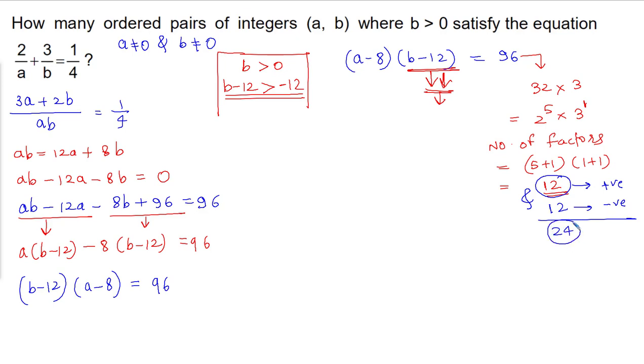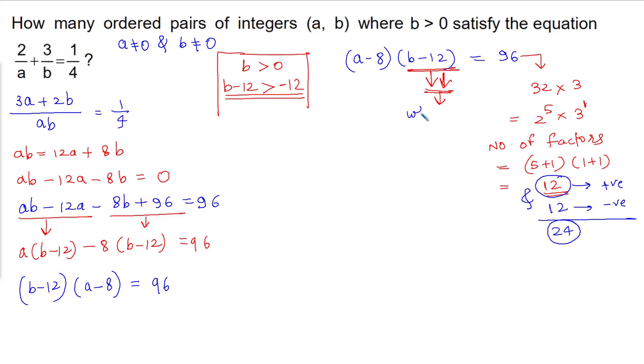But out of these 24 values we need to check how many values are greater than -12, or let's say how many values are less than -12. What we don't want is the value of b - 12 to be less than -12. So let's list down the values which we don't want.